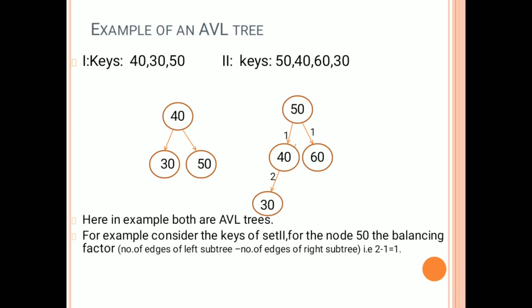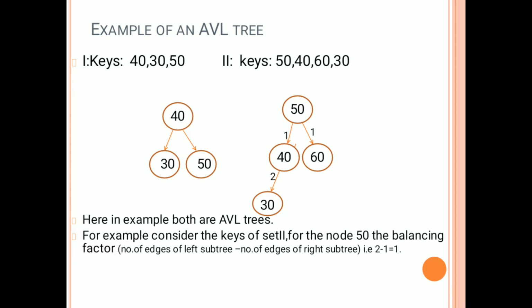Next consider the node 30. 30 is less than 40, so it is inserted on the left side of 40. According to the binary search tree condition, the greater element is inserted on the right side of the root node and the element which is less than the root element is inserted on the left side. That is, 30 is inserted on the left-hand side and 50 is inserted on the right-hand side of 40.